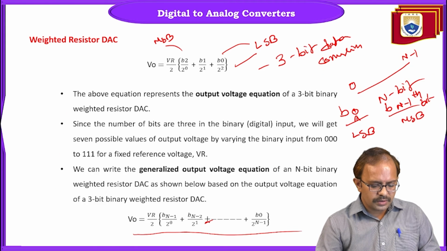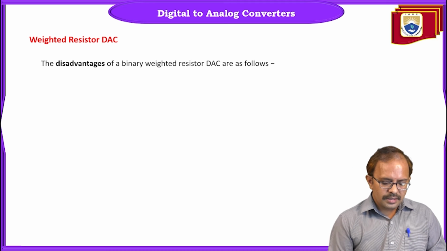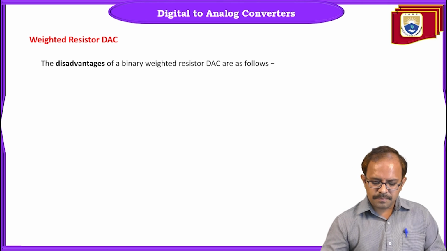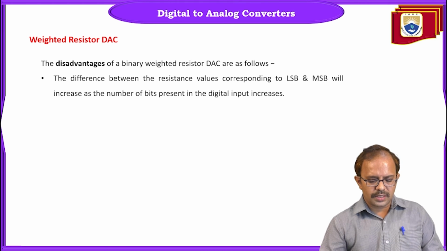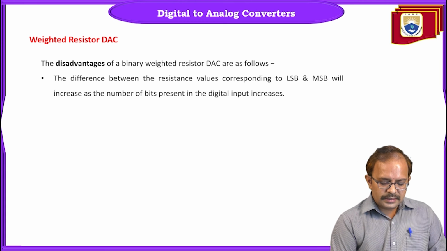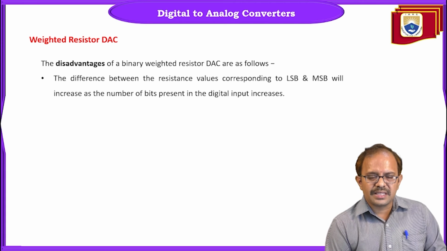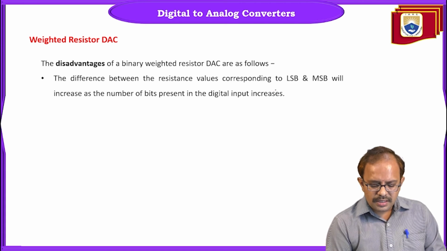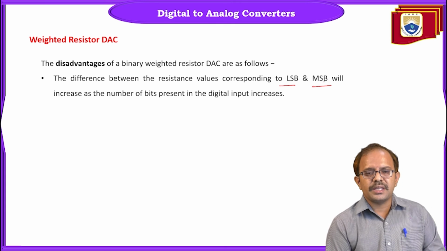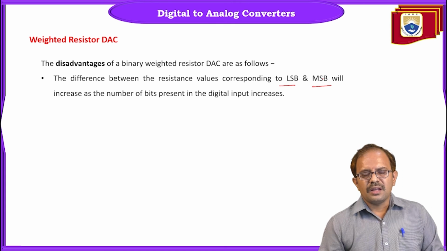So let us talk about the drawbacks of the binary weighted resistor DAC, as follows. The first one: the difference between the resistance values for LSB and MSB is very large.